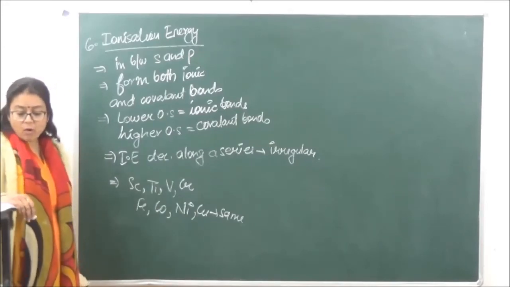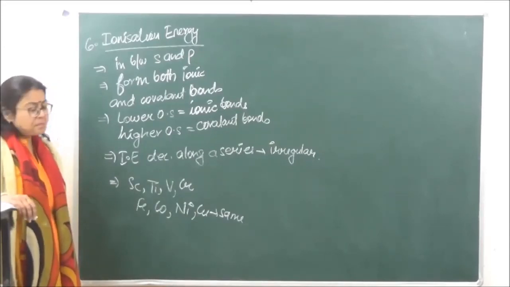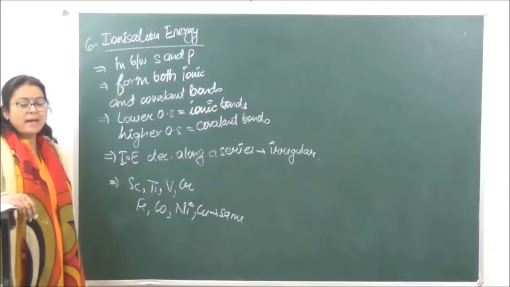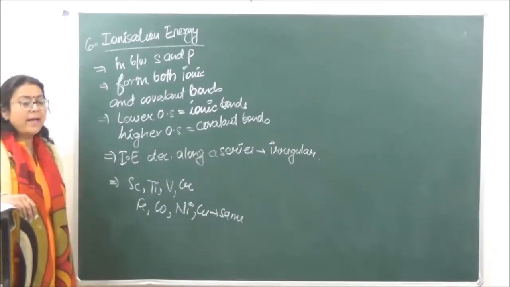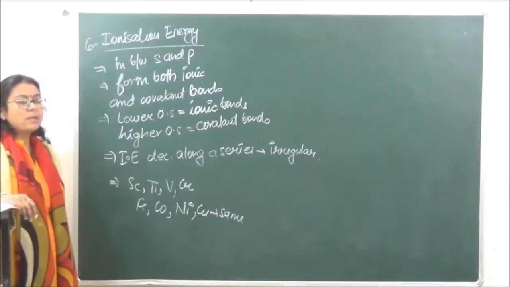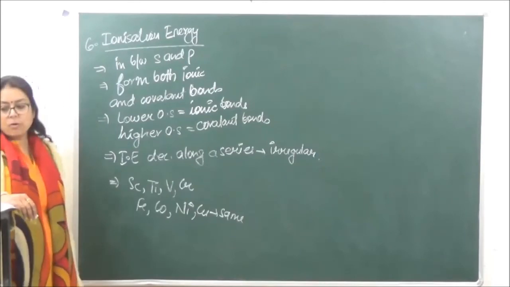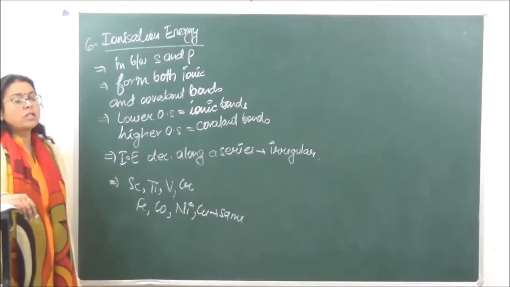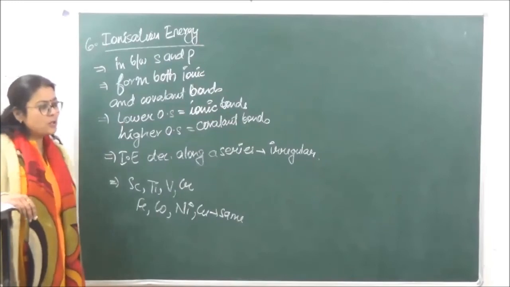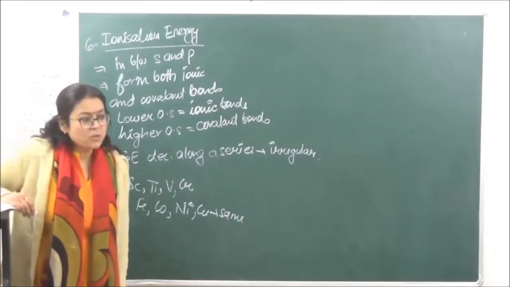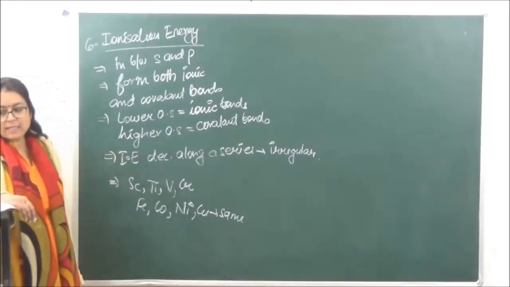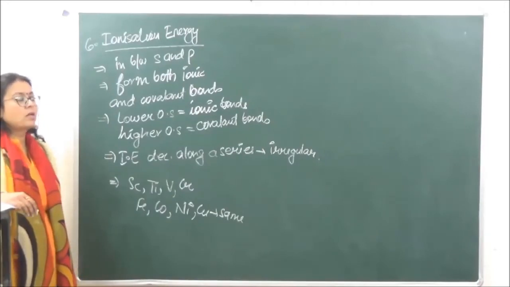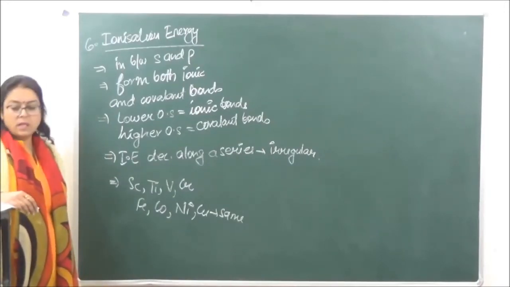So if the screening effect and the nuclear charge are both increasing, a time comes when both become equal. The nuclear charge is neutralized by the screening effect, as a result of which the sizes become equal and the ionization energies are also going to be equal.